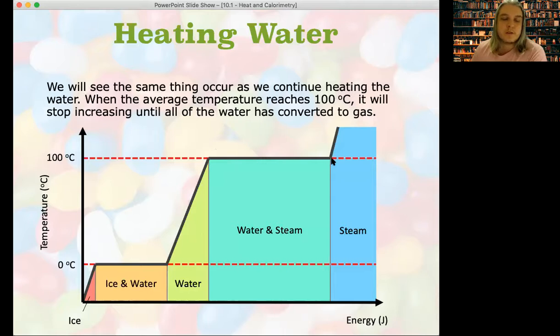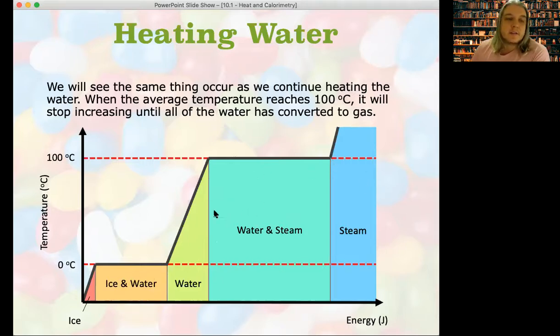Once it is all turned into steam, then the temperature will start to rise again as we keep giving it more energy. And every substance will look like this. You'll have a solid into a liquid, and then liquid into a gas, and the temperature is stationary at the respective melting and boiling points of the substance until it's finished the phase change.